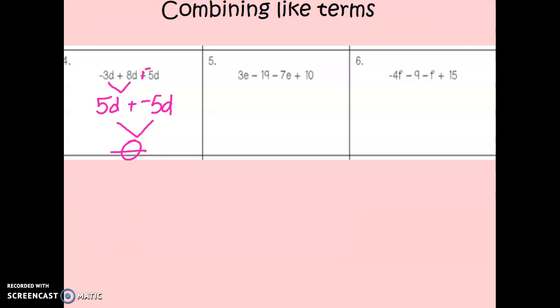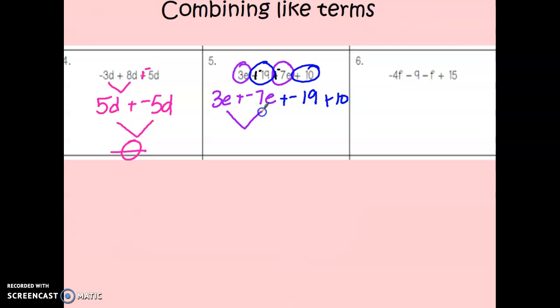Alright, here's our next one, 3e minus 19 minus 7e plus 10. Go ahead and change it. Alright, and I have 3e and negative 7e. Okay, and then I have negative 19 plus 10.